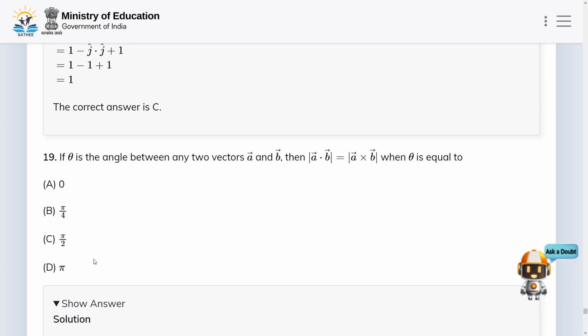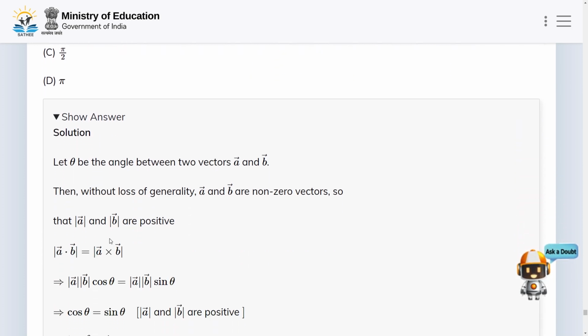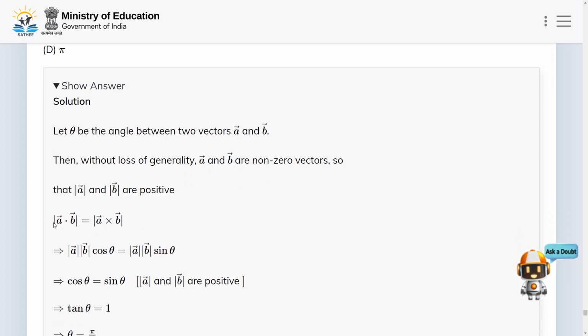Expand in terms of the normal concept. You are assuming that A and B are both non-zero. The magnitude of A dot B means magnitude of A multiplied by magnitude of B multiplied by cos theta. The magnitude of A cross B will be magnitude of A times magnitude of B times sin theta.